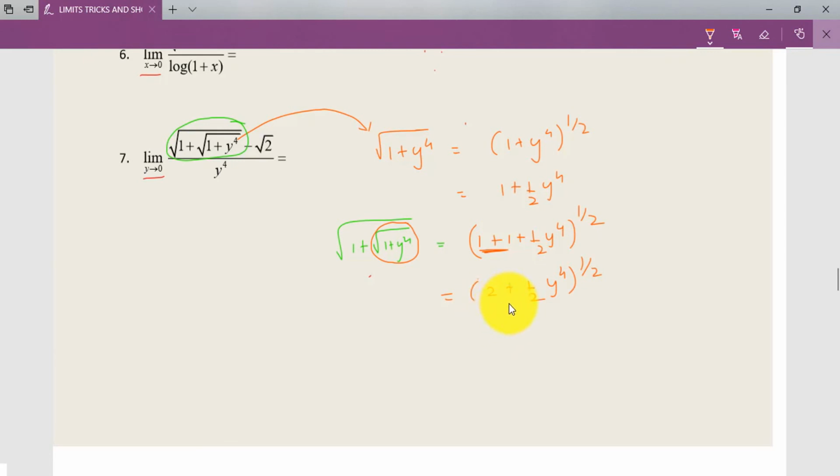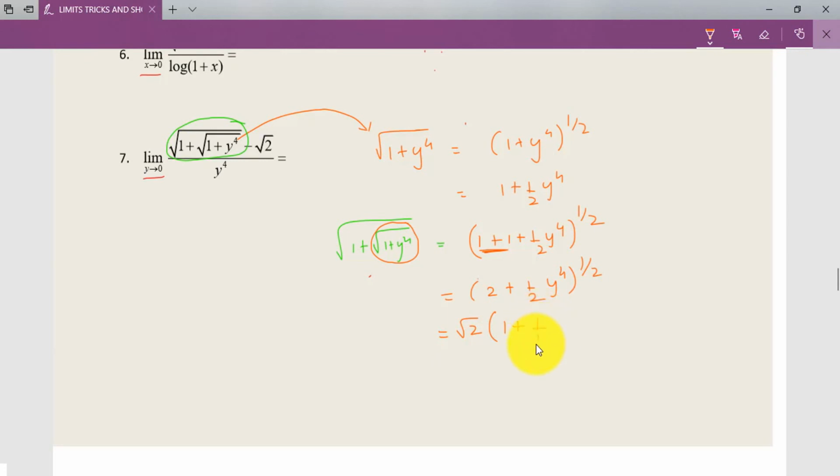Now I can take the square root of 2 common, because if I take 2 common, this half is here. So I take the square root of 2 outside, and inside it becomes 1 plus, and here this turns out to be 1 by 4.